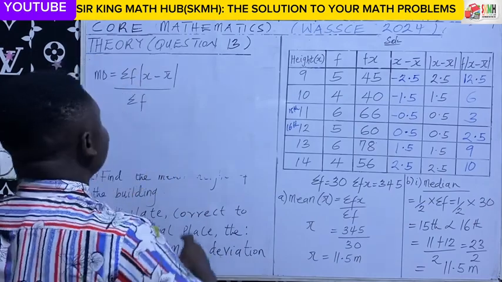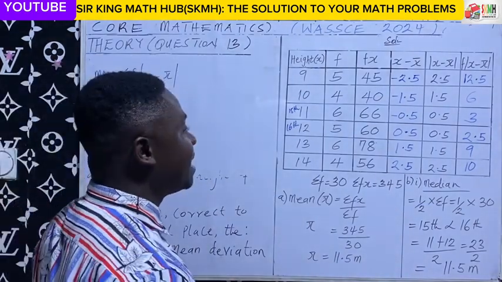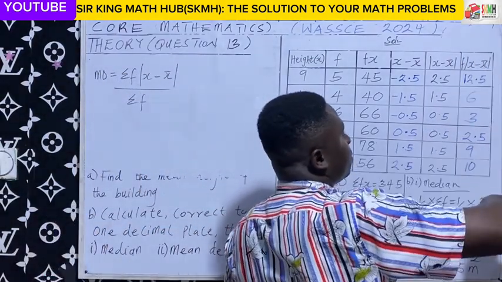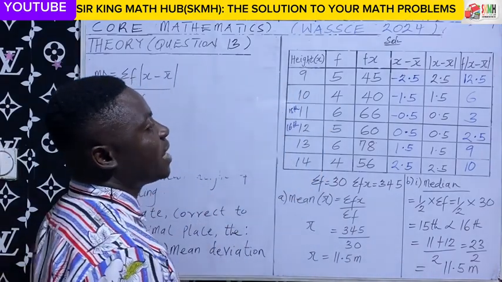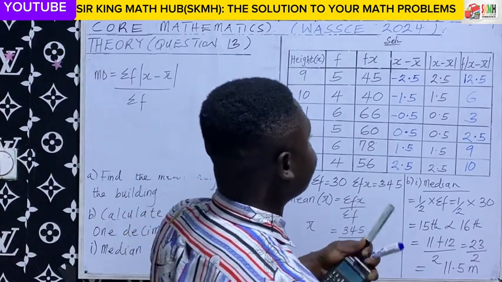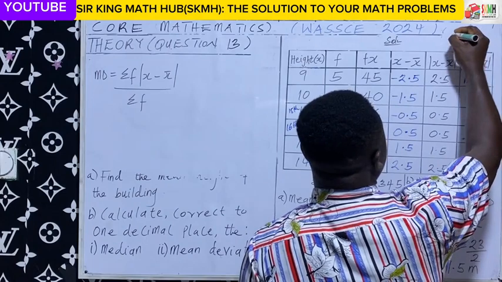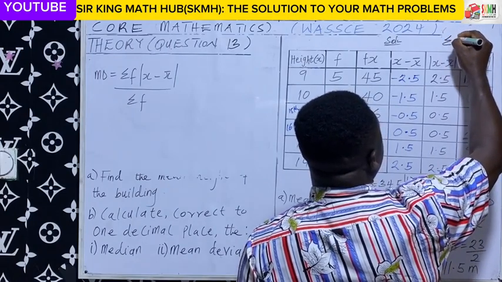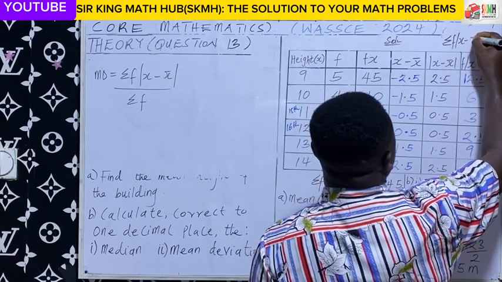So now let's find summation f of absolute x minus the mean. What does that mean? It means that we need to sum up all the numbers under the f multiplying absolute value of x minus the mean. So there's no space here. Let me write it here. Summation f of absolute x minus the mean.